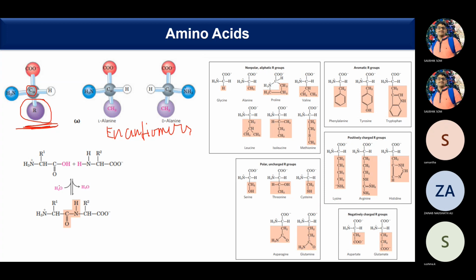When a peptide bond is formed, the OH from the carboxylic group of one amino acid and H from the amino group of the other are taken out as water by condensation, and this CONH bond is known as the peptide bond, correct? So peptide bonds are formed during the formation of the protein.